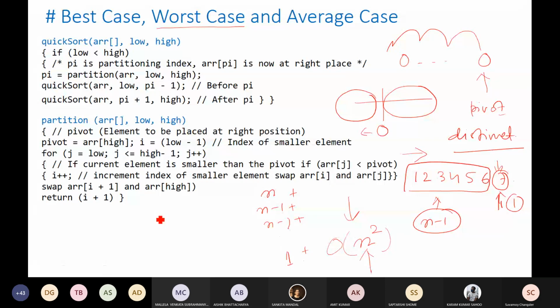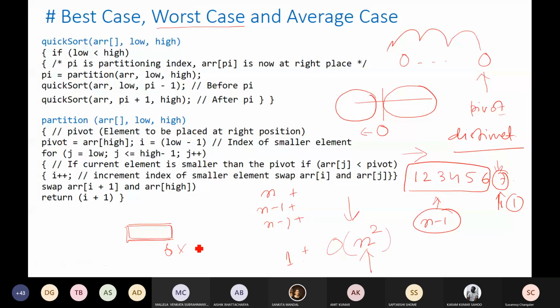That is worst case. Suppose I want to sleep in a room and the cot size is this one. My size is say 6 into 6 cross say 3 or something like this.